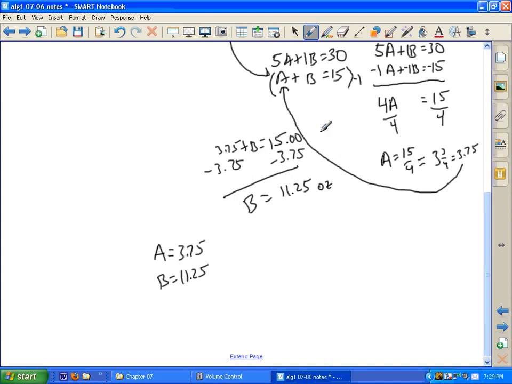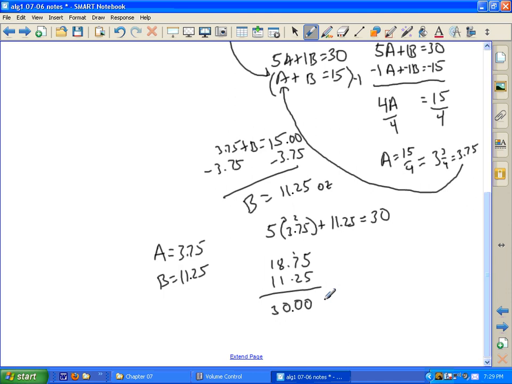Plug back into this top equation here. 5 times 3.75 plus 1 times 11.25 had better equal 30. 5 times 3.75 is 18.75, plus this 11.25, combine all those together, and we get 30.00 equals 30, so it checks in that first equation.